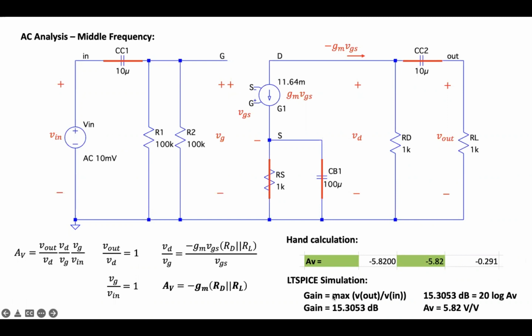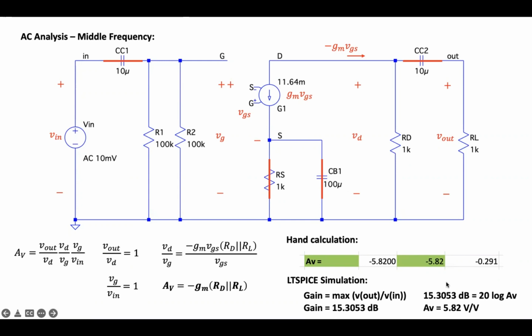Then for the LTspice simulation, when we run the AC simulation, what is provided is the decibel. So I'm given a gain equal to 15.3053 decibels. That is the result of our .measure. So we will convert the decibel voltage gain into the magnitude.